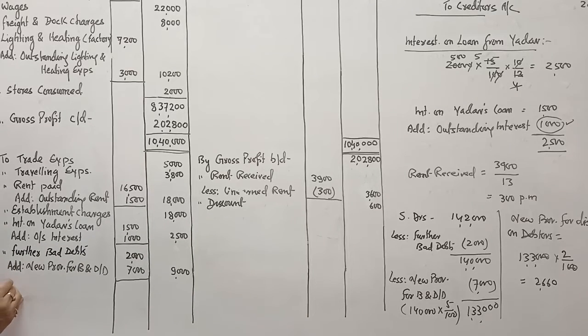Next is provision for discount on debtors.